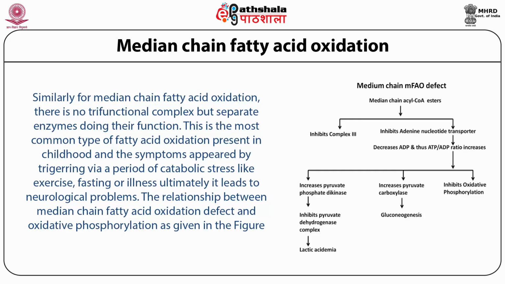The medium chain acyl-CoA esters inhibit complex 3. At the same time, they also inhibit the adenine nucleotide transporter. The inhibition of adenine nucleotide transporter decreases ADP, and there is an increase in the ATP-ADP ratio.